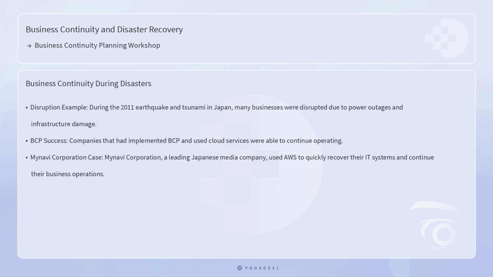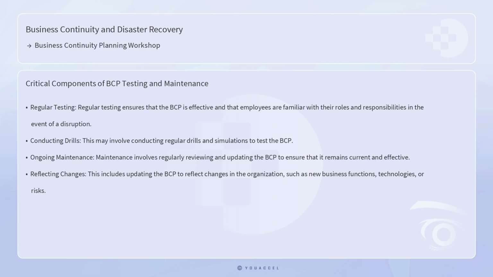Testing and maintenance are also critical components of BCP. Regular testing ensures that the BCP is effective and that employees are familiar with their roles and responsibilities in the event of a disruption. This may involve conducting regular drills and simulations to test the BCP. Maintenance involves regularly reviewing and updating the BCP to ensure that it remains current and effective.